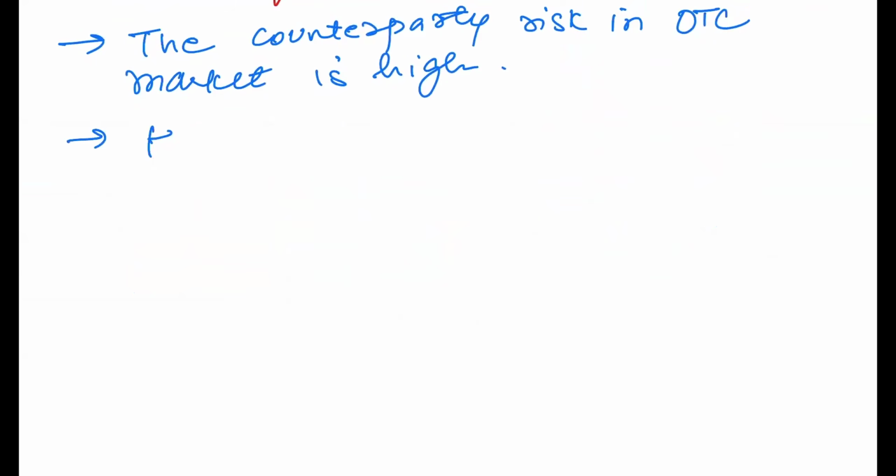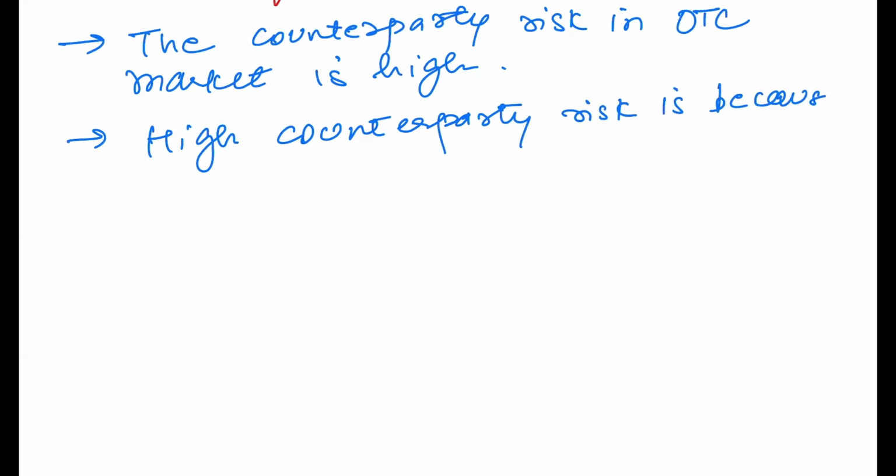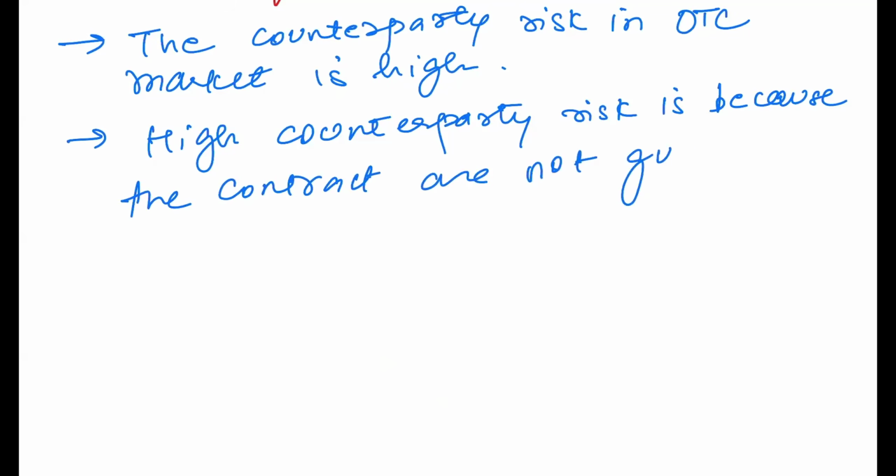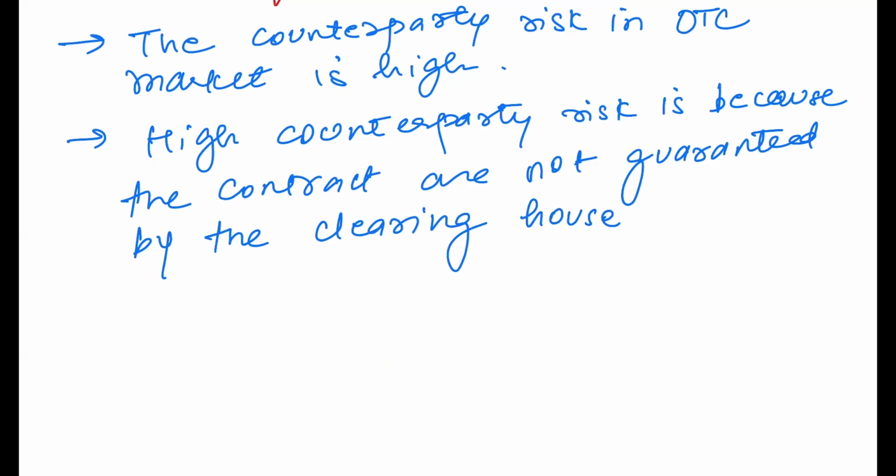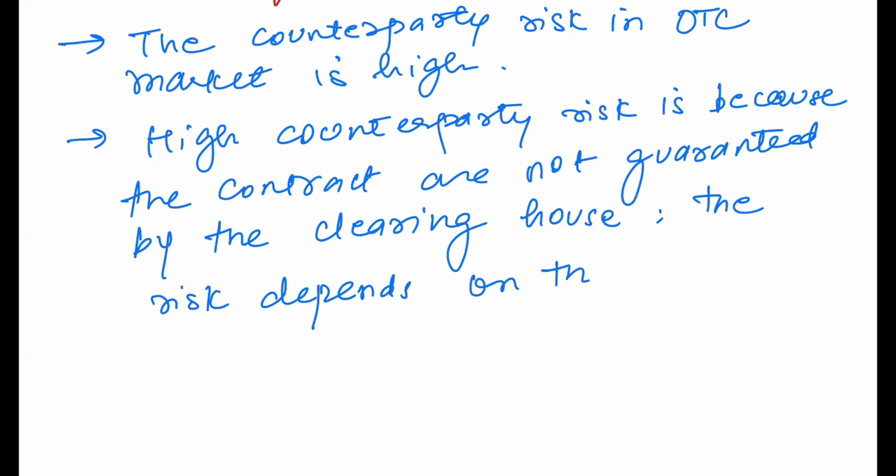So high counterparty risk is because the contracts are not guaranteed by the clearinghouse, and therefore the risk depends on the creditworthiness of the parties involved.